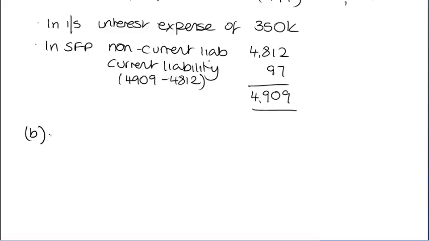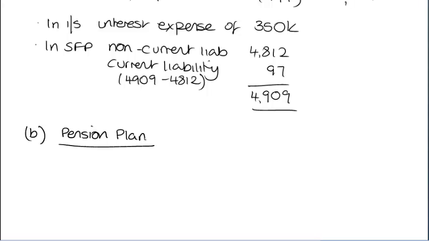Next, we've got item B. So we've got our pension plan. Shortly before the year end, we decided to relocate a division from one country to another.